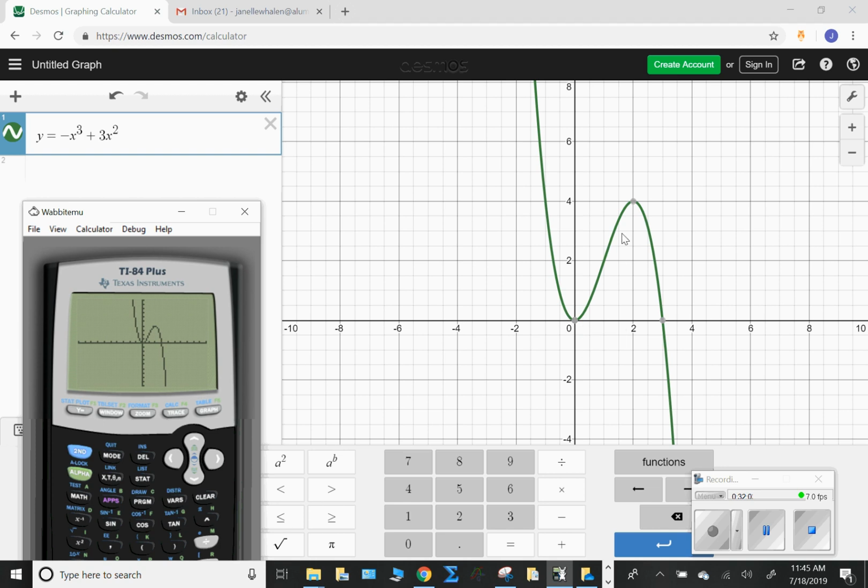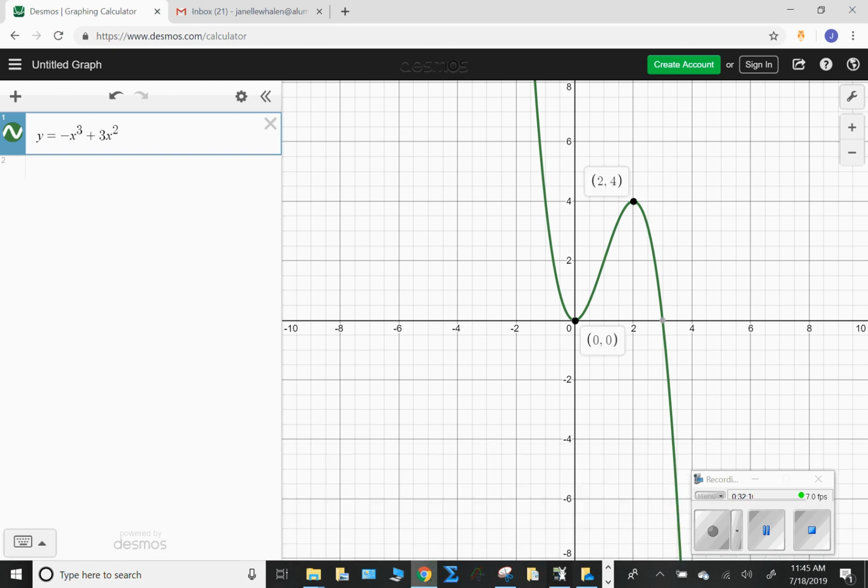All right, so either one of these, if I want maximums and minimums, notice that I have points here already. 0, 0 and 2, 4 are my points, and this guy right here is increasing. So 0, 0 and 2, 4 are my extrema.